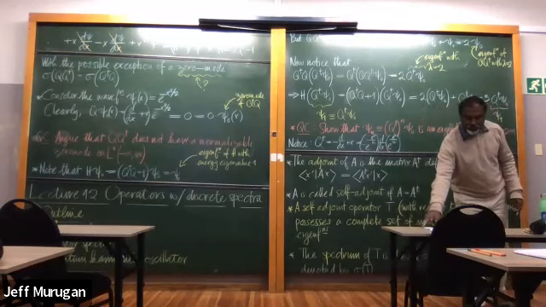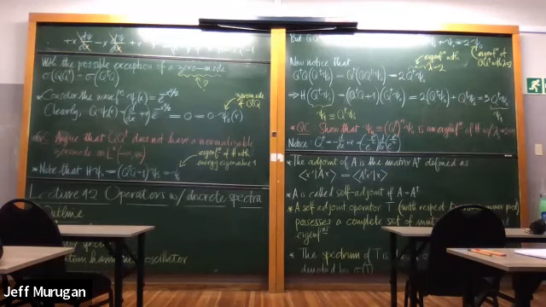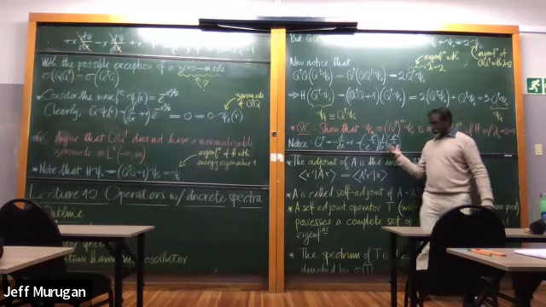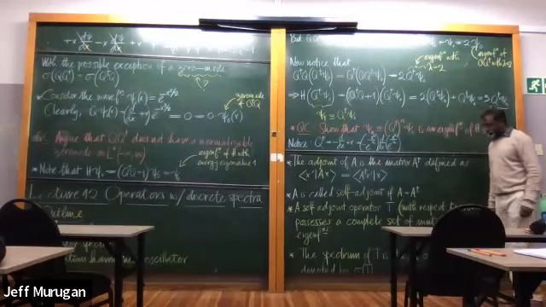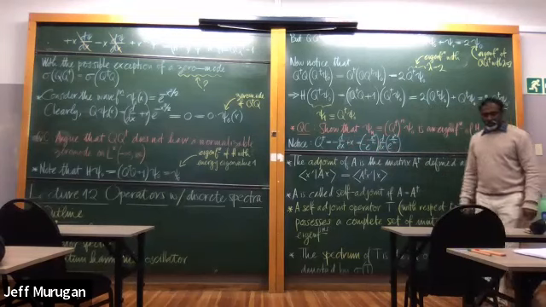I'll leave it for you to show that the two are the same. The way you do that is by acting on the left hand side and the right hand side on some test function and keeping track of your derivatives.